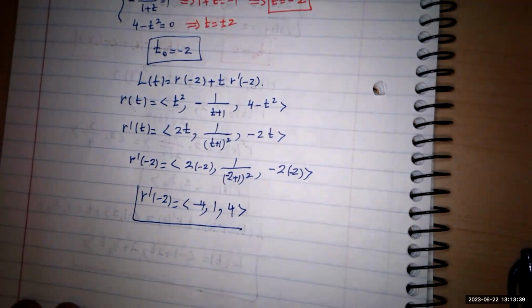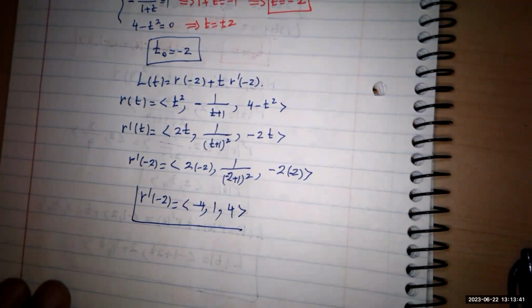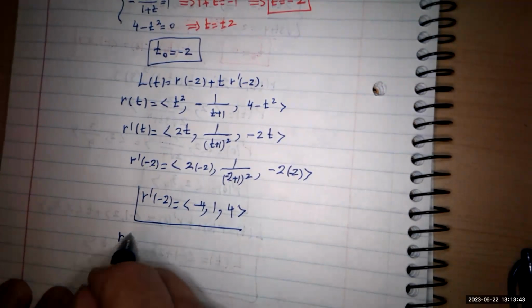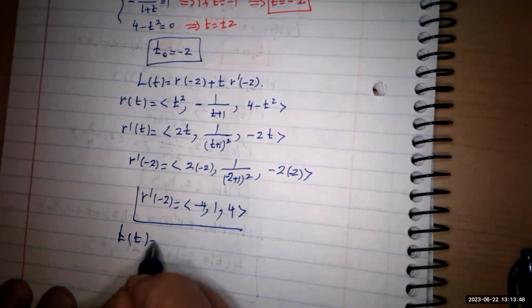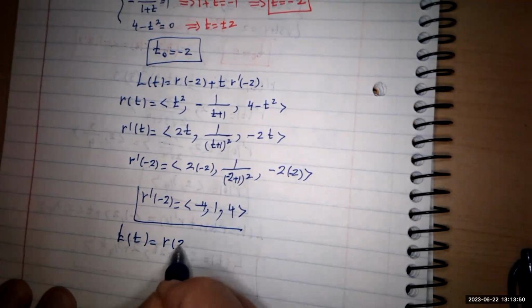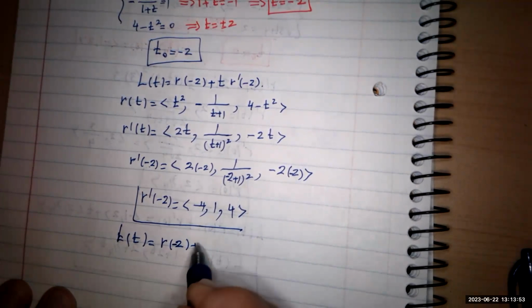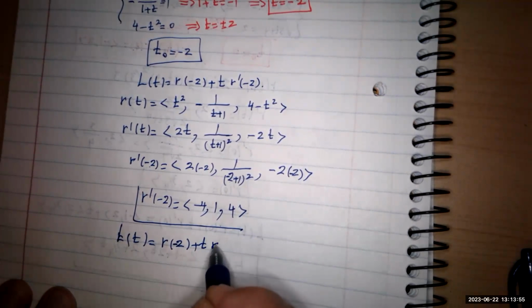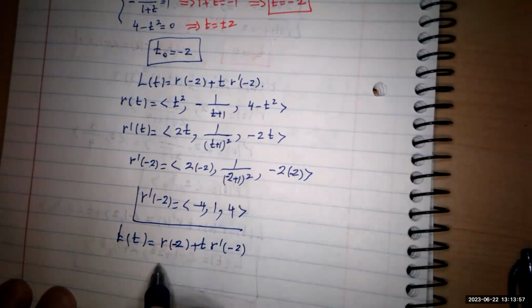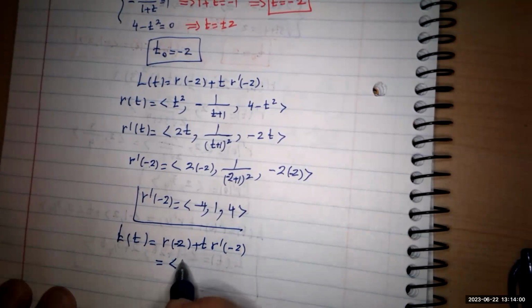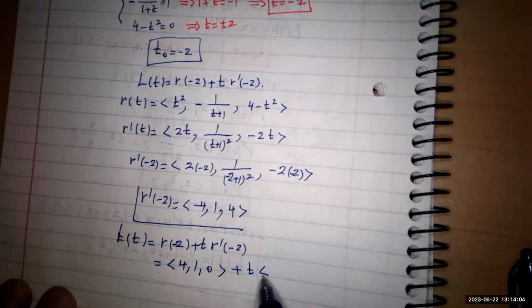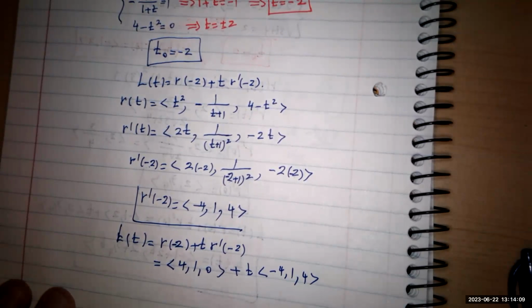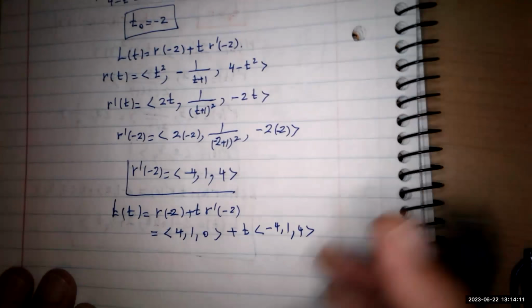Any question? We are ready to give you the equation of the line. So that's it. Remember, the equation L of t is R of negative 2 plus t times R prime of negative 2. Substitute: R of negative 2 is the given point, 4, 1, 0, plus t times negative 4, 1, and 4. Get it in component form.